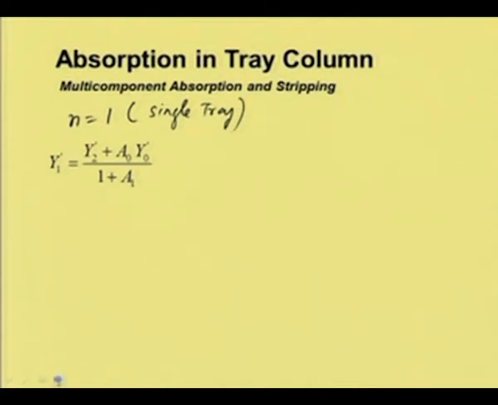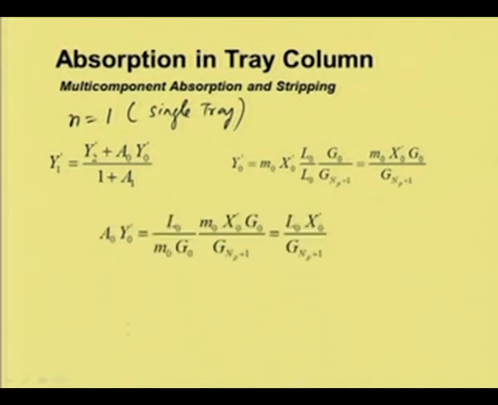Similarly, we can obtain y naught is equal to this and a naught y naught would be this. So, if we substitute these two here, then we can obtain y 1 dash is equal to y 2 dash L naught x naught dash by g n p plus 1 by 1 plus a 1.